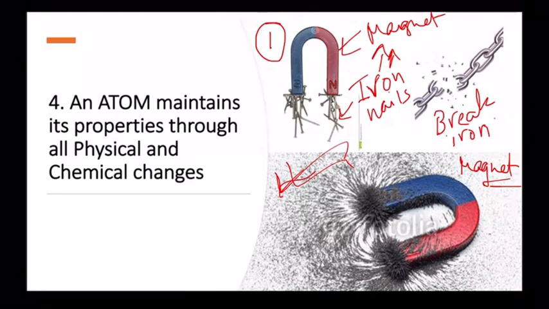So whether it be an iron nail or broken iron powder, both would be attracted towards the magnet. So we say atom maintains its properties through all physical and chemical changes. Whatever physical or chemical change you bring in the atom, its basic property would be the same, right? So that's it for the atoms and its characteristics in module 1.